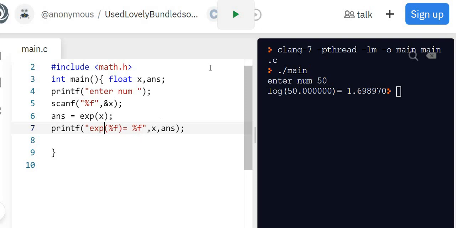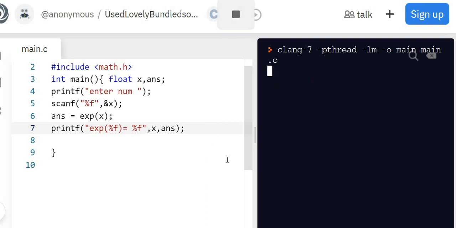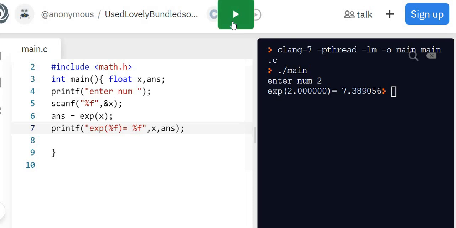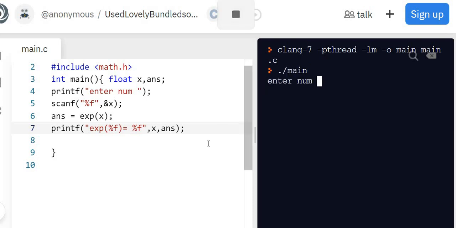So e raised to 1 is e, we know the value of e. Now suppose e raised to 2, you get this. You can give any value of x. Suppose you want e raised to 1/2, then you can give 0.5 as x. So e raised to 0.5 is this.